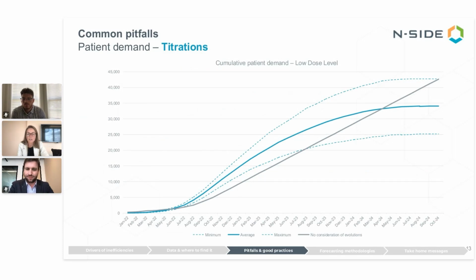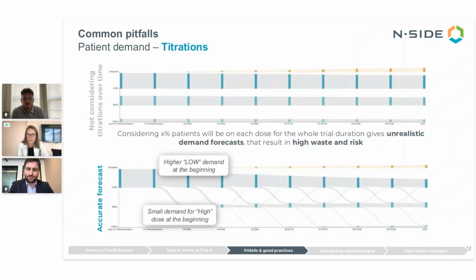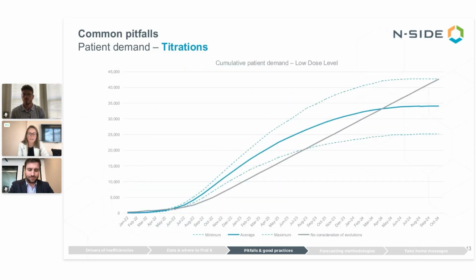You might underestimate the low dose demand in the short term. Why? Because here you see that you are also considering medium and high dose, and overestimate in the future because patients will titrate down and up, and you might come with fewer people on the low dose at the end. So that's, again, another example of inefficiency. And why did I say that it's worse?